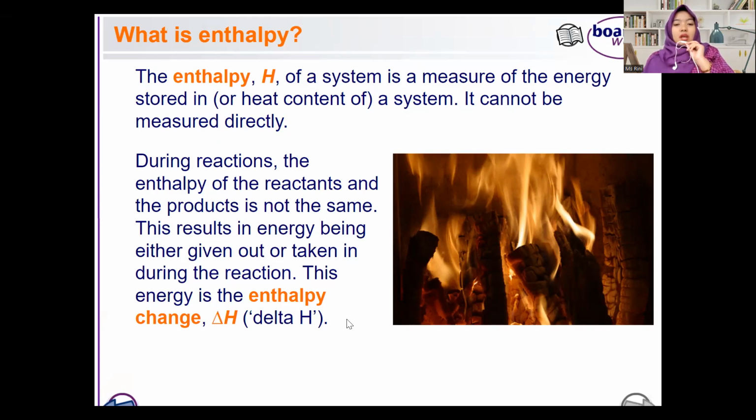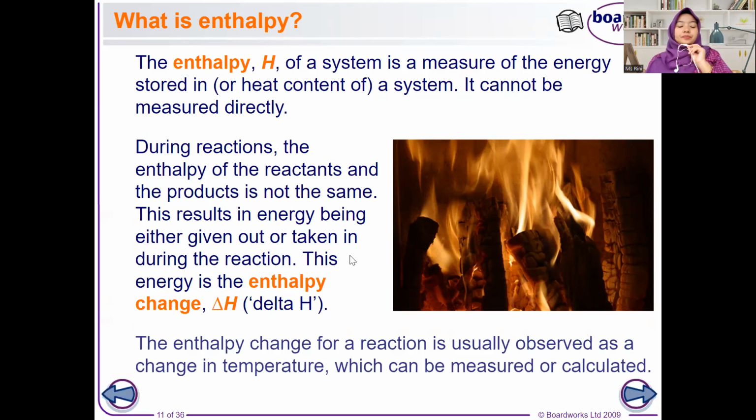This results in energy being either given out or taken in during the reaction. This energy is the enthalpy change or delta H. The enthalpy change for a reaction is usually observed as a change in temperature, which can be measured or calculated.